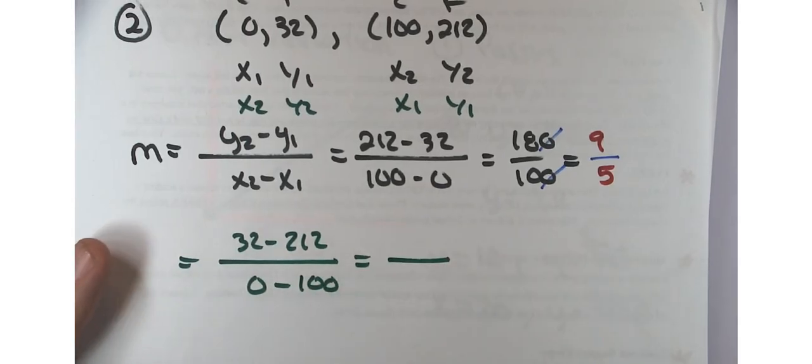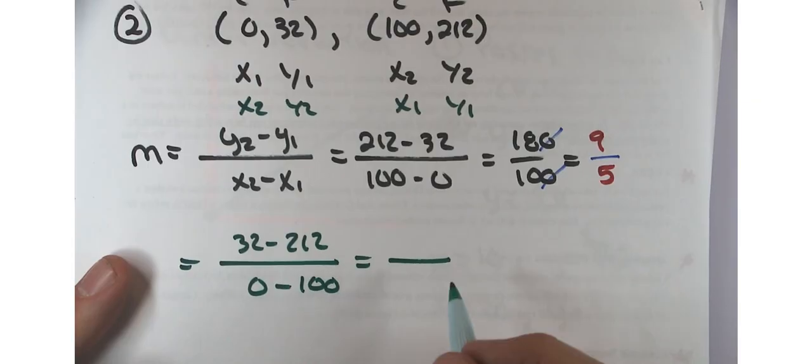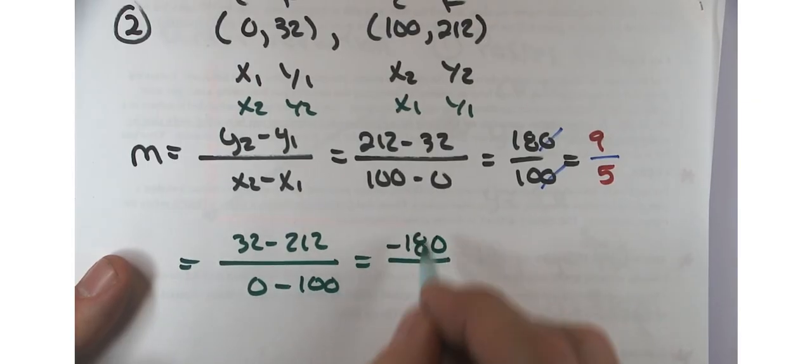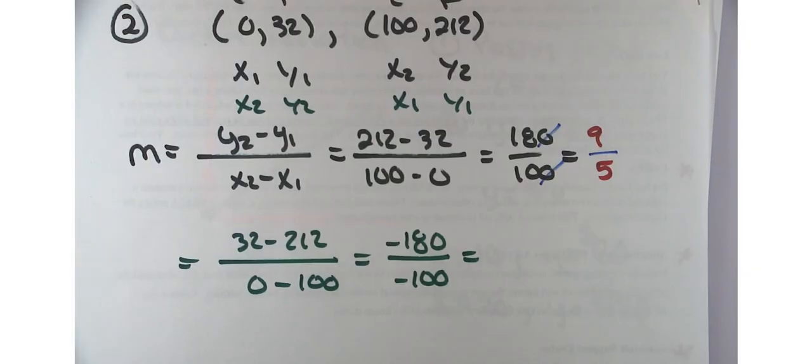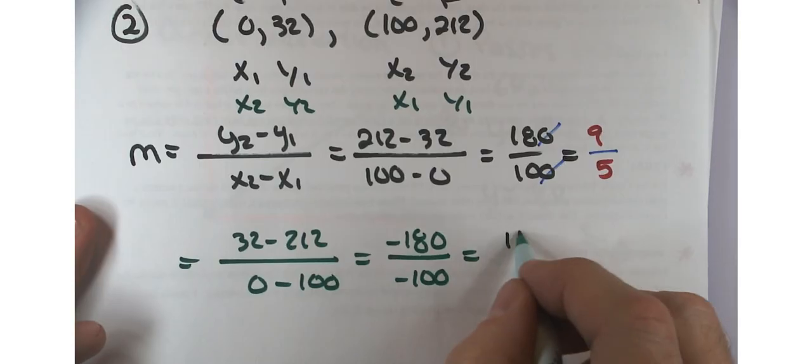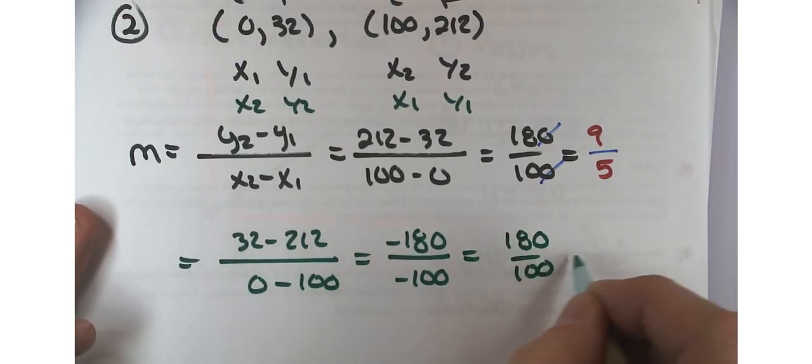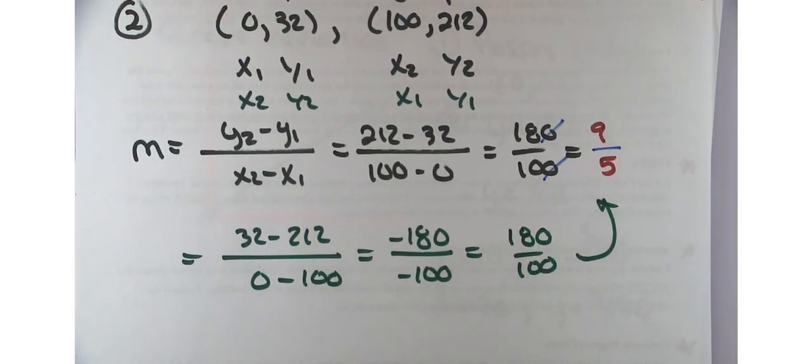What am I going to get in the numerator? Yeah, negative 180 over negative 100. What happens to the negatives? Yeah, they cancel. You're just left with 180 over 100, and we already know that that's 9/5.